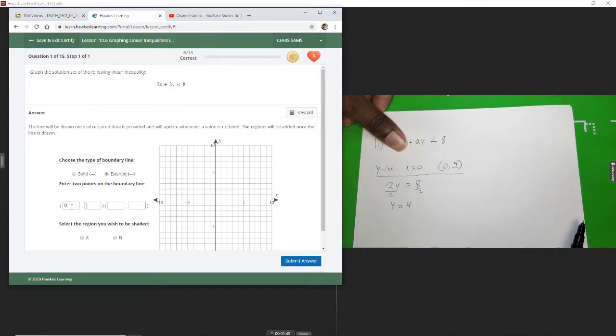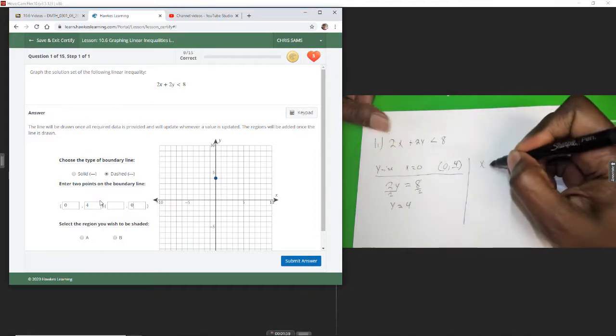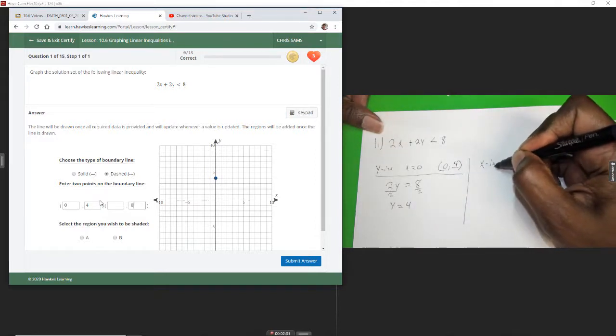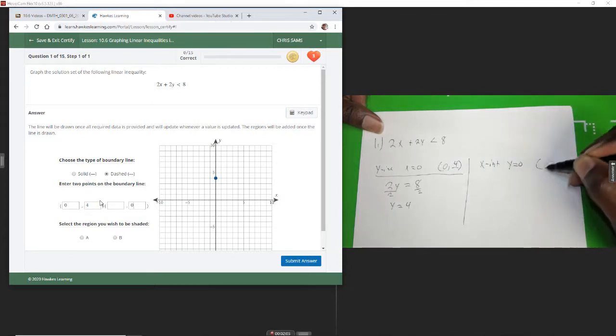0, 4. All right, now we're going to do the x-intercept. And this time, the y value is 0. So the ordered pair we get will be some number, comma 0.